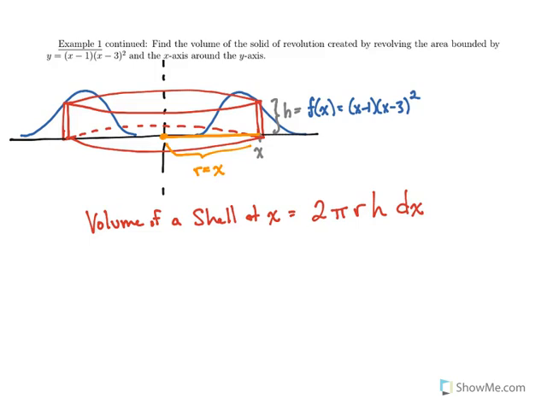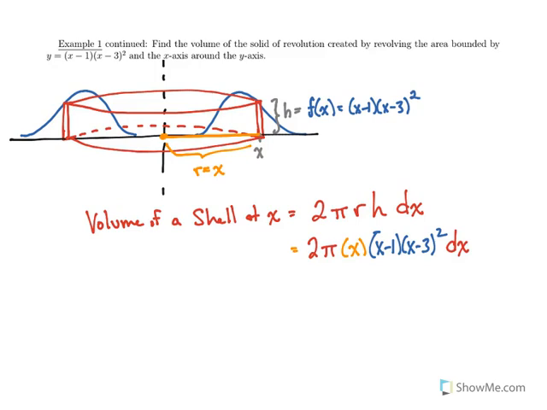We got that from the last page. And this is going to give us 2 pi. R is going to be x. H is the function, x minus 1 times x minus 3 squared, and then times dx.